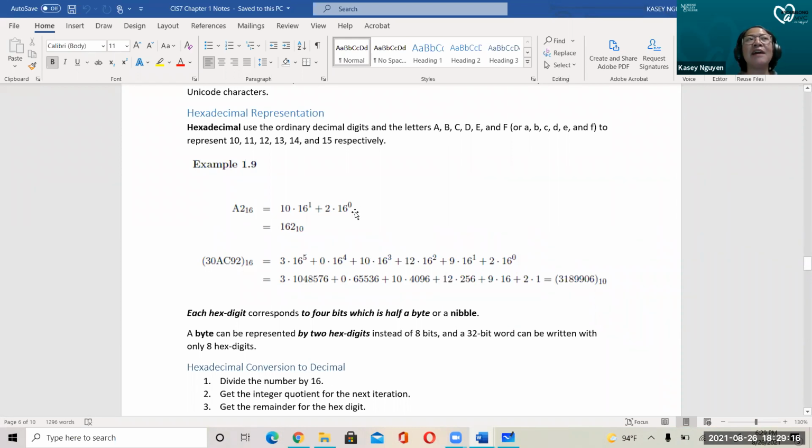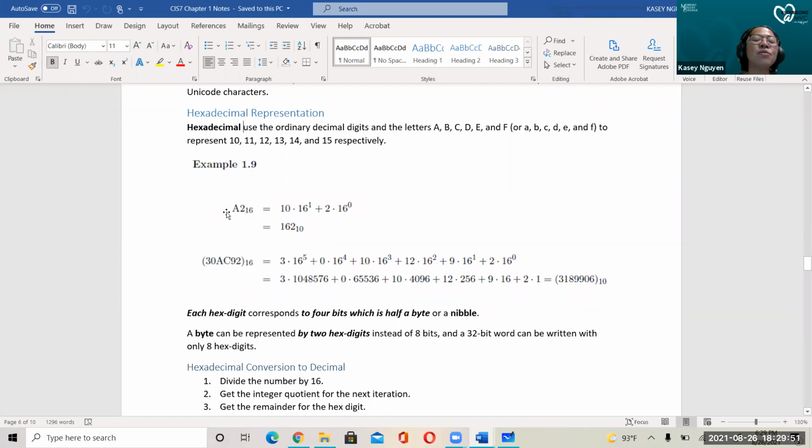Anytime that you raise anything to the 0 power, that's equal to 1. So I can have 1,000 to the 0 power, that's 1. I can have 20 raised to the 0 power, that's 1. I can have 1 raised to the 0 power, that's also 1. Then as you move to the left digit here, which is an A, and an A in decimal is 10. So we take the 10, the decimal equivalent of the A in hexadecimal, and multiply it by 16 to the first.